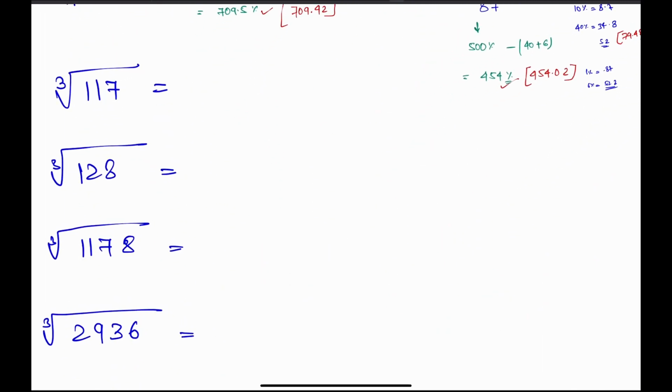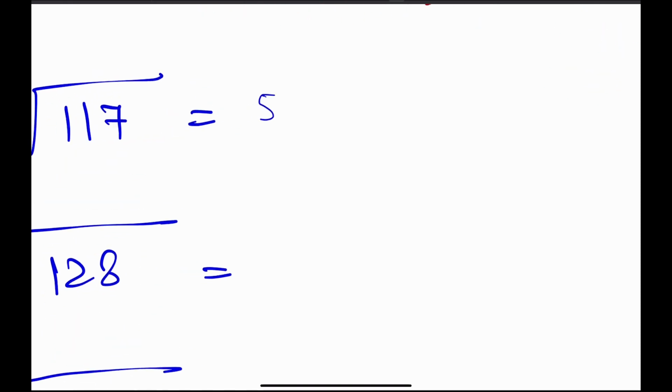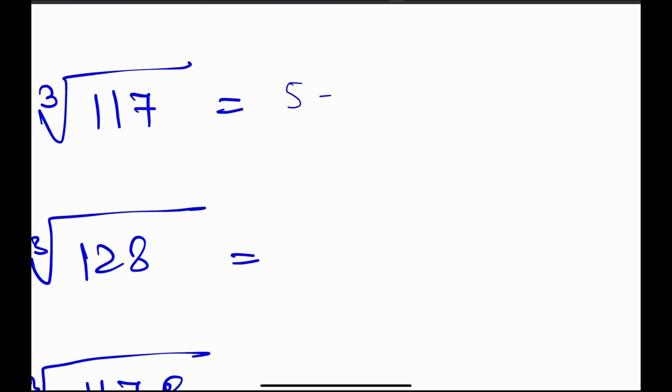So in the continuation, let's try to solve these questions. So cube root 117 is nearby. 5 cubed is 125. So 5, then it will be minus 125.